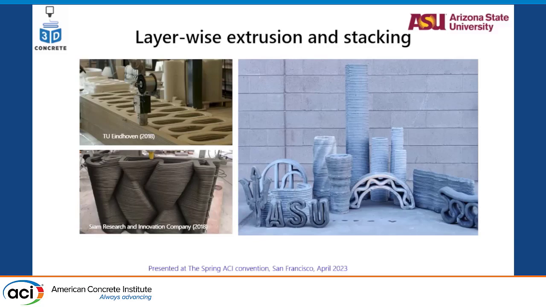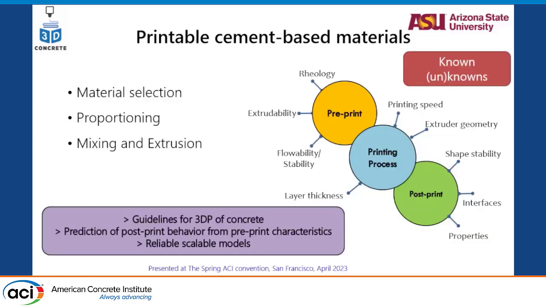In layer-wise extrusion, we could do just a normal 2D path and extrude it upward, or we could do different models, like we have seen helicoids and stuff. For a cement-based mortar, there are some knowns and some unknowns that come into the print. Some are solved just by trying the print out.